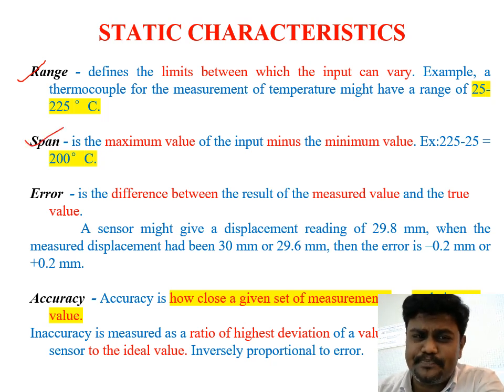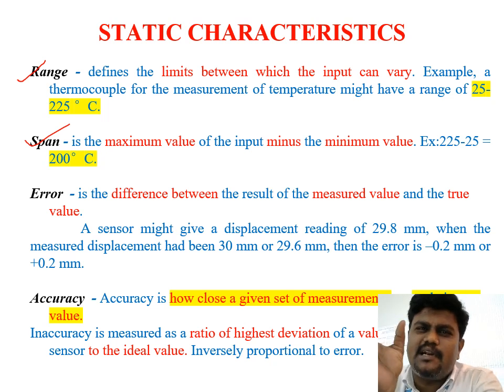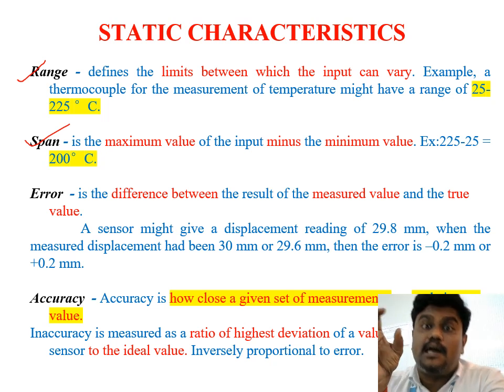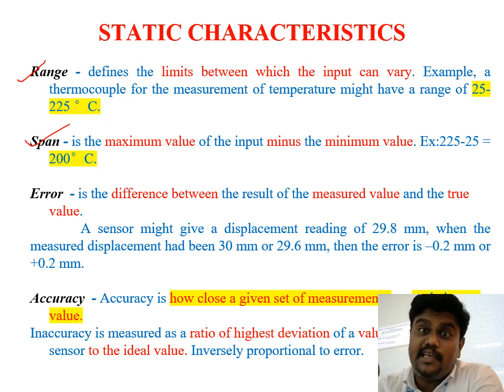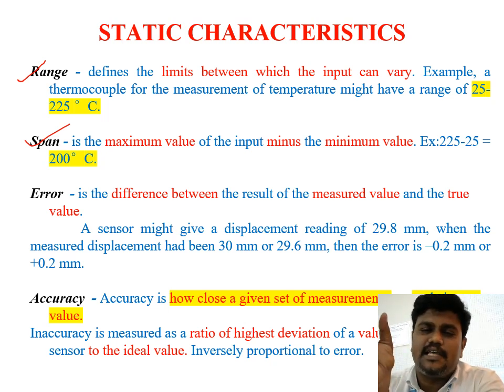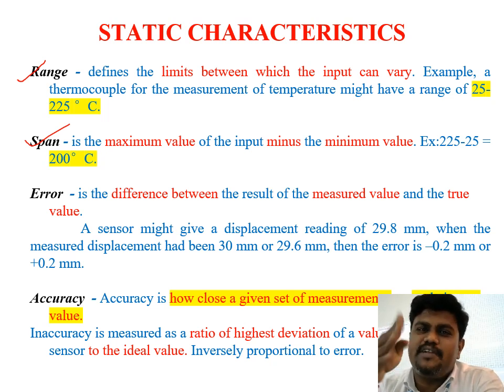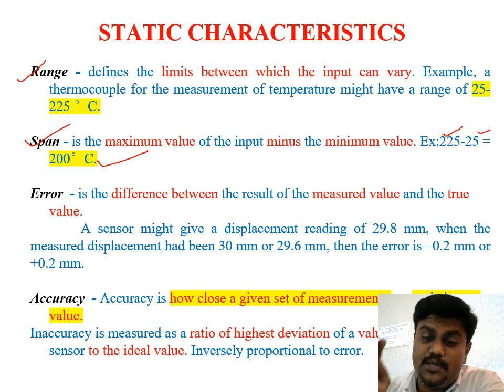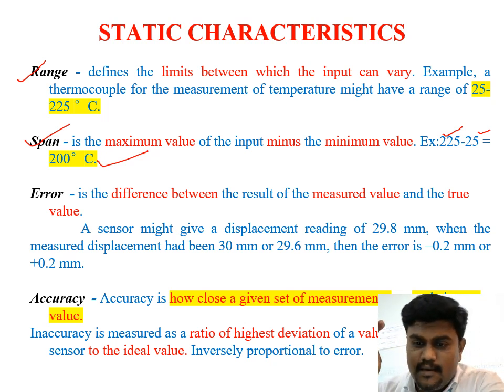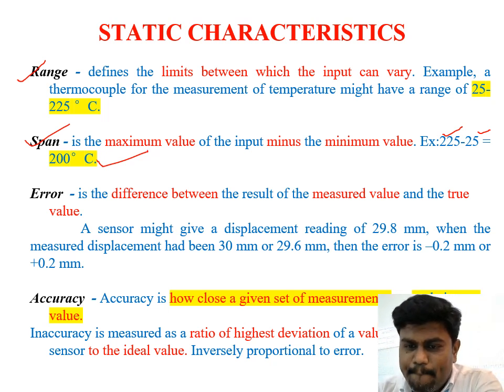What about span then? The actual allowable or usable temperature within that range is called the span of the temperature value. Here the maximum value is 225 and the minimum value is 25. The difference between these two is 200 degrees Celsius, so 200 degrees Celsius is your span.